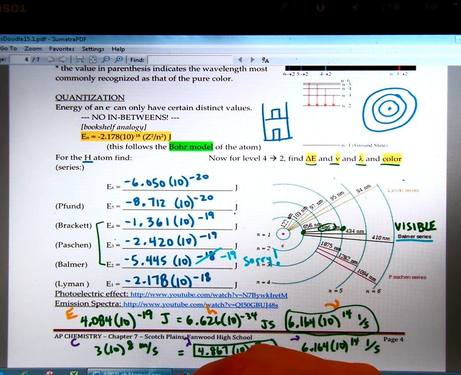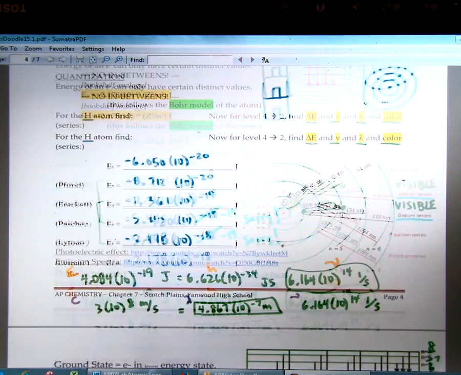So if I go back to my notes and I do, well, let me just do it on here. If I do 2.42 times 10 to the minus 19th minus, you can just do absolute value of all this, 5.445 times 10 to the minus 19th, you're going to get an answer of 3.03 times 10 to the minus 19th.